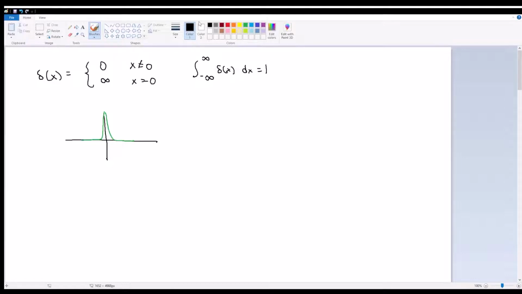The reason why is because it acts as an artifact that can be used to pick out specific points. In physics, it's really useful for describing point-like distributions.